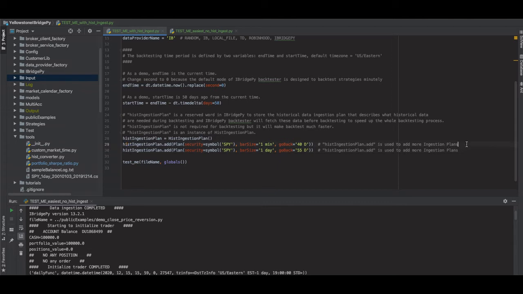Okay, this one is a plan which needs minute bars, going back 40 days. It's a little bit confusing at the beginning, but think about the buy low, sell high strategy. At 3:59 p.m., if we want to place an order, we need to know the price at that moment to do the simulation or backtesting.